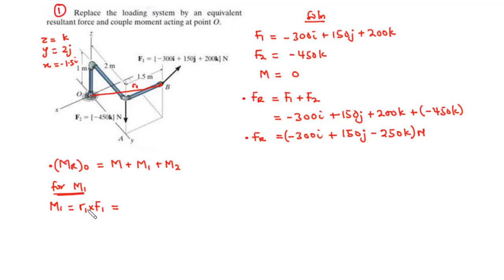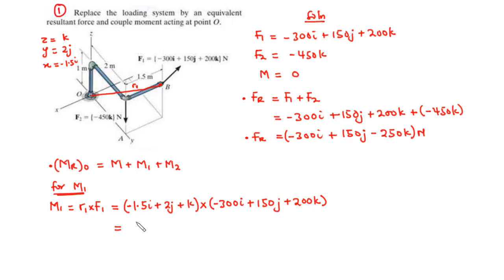So we have r1 to be negative 1.5i plus 2j plus k. So we have this cross. Now for F1, we have negative 300i plus 150j plus 200k. So let's resolve this.